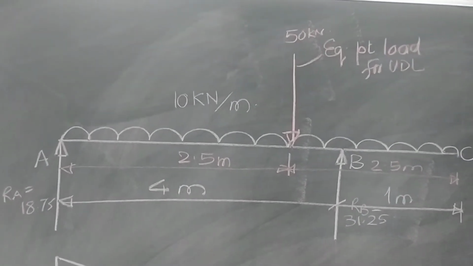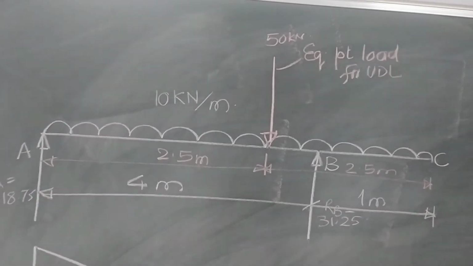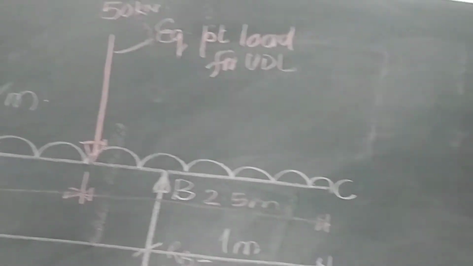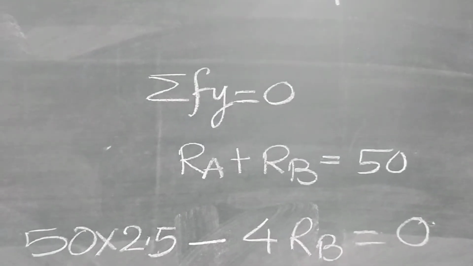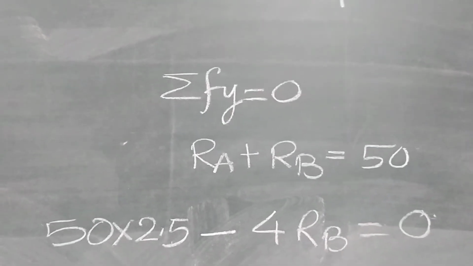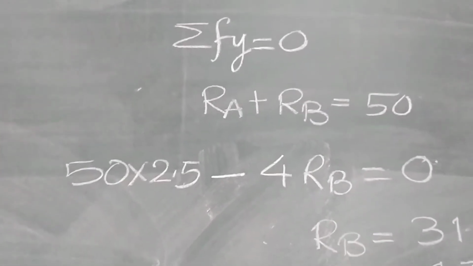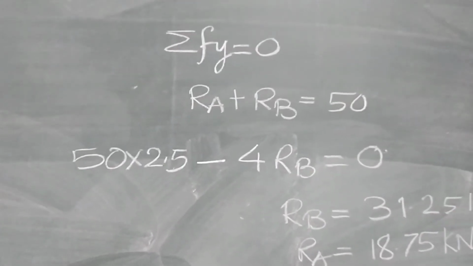For that purpose, we will start with our criteria for equilibrium. Summation Fy equal to 0 gives Ra plus Rb is equal to 50. Taking moment about point A, 50 into 2.5 minus 4 Rb equal to 0.